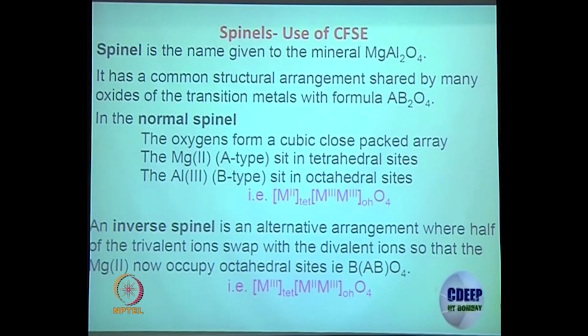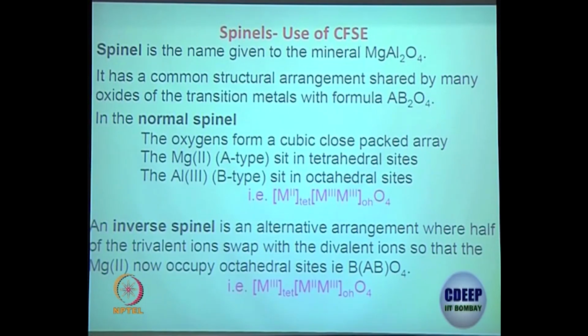So it all depends on whether one of these M3 plus is on the octahedral site or the tetrahedral site. Of course, there will always be one metal 3 plus in the octahedral site. This is common. What you need to see is whether the second metal 3 plus is exchanging with the other metal.